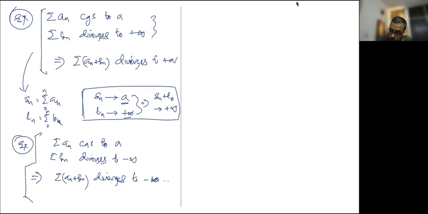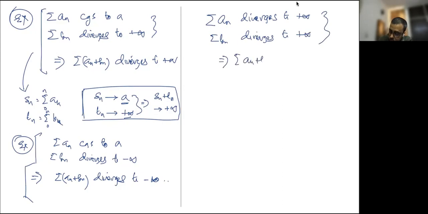What is a more problematic case is this. Okay, no, first let me take care of this case, where both diverge to plus infinity. Then also there's no problem. So again, this is another statement which won't be difficult to prove.